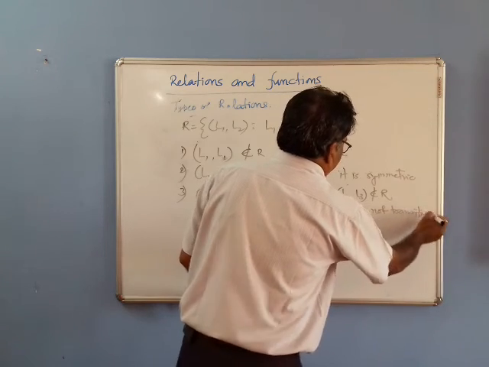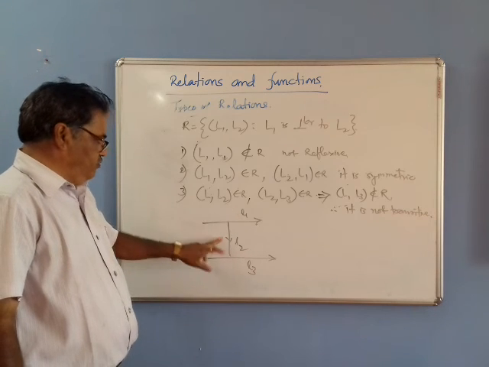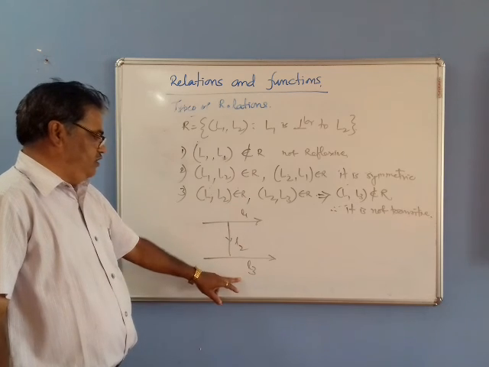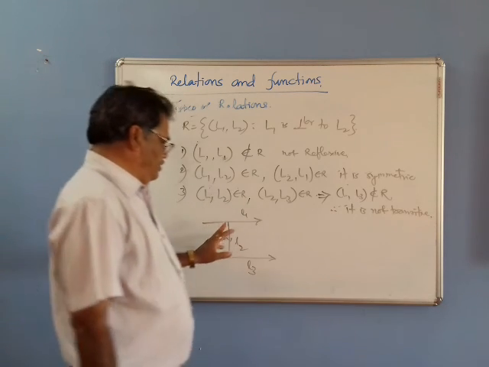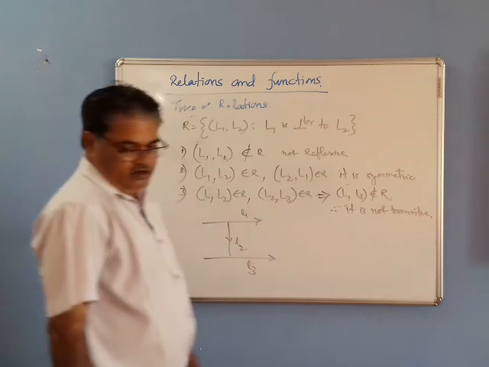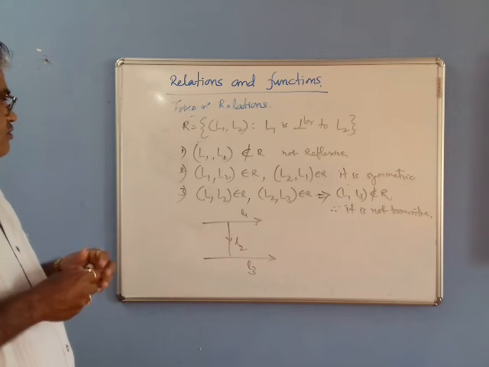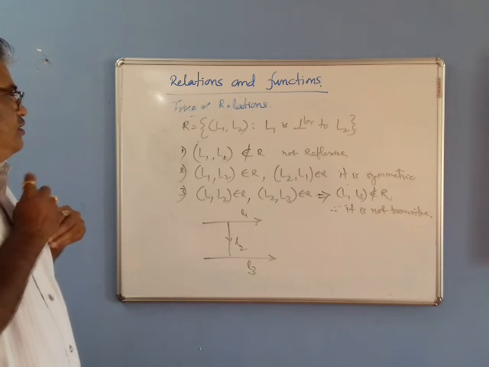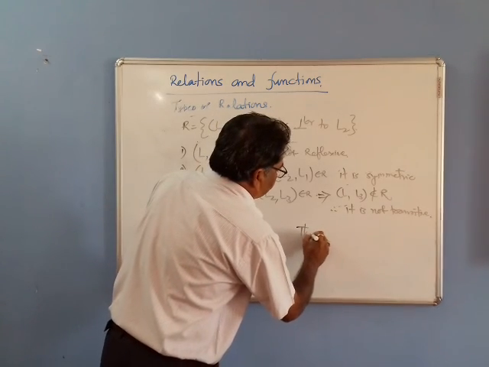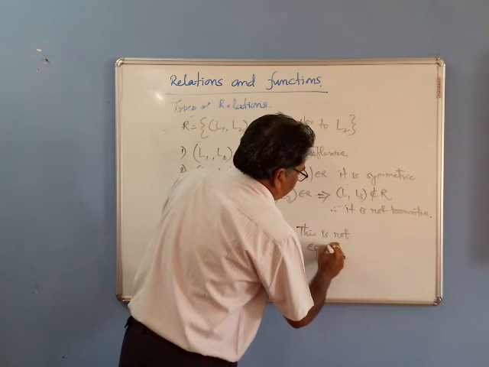L1 is perpendicular to L2 and L2 is perpendicular to L3, but L1 and L3 are never perpendicular to each other, hence (L1, L3) does not belong to R. These are the two examples on equivalence relation, and this is not an equivalence relation.